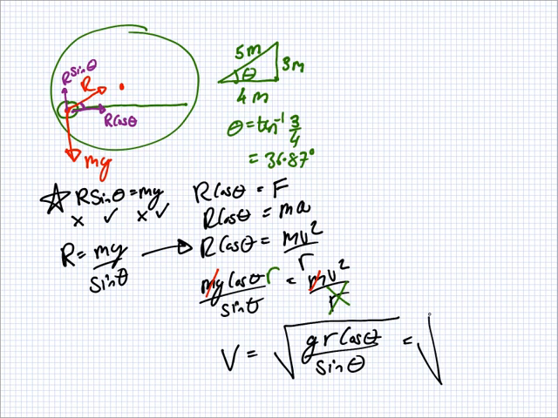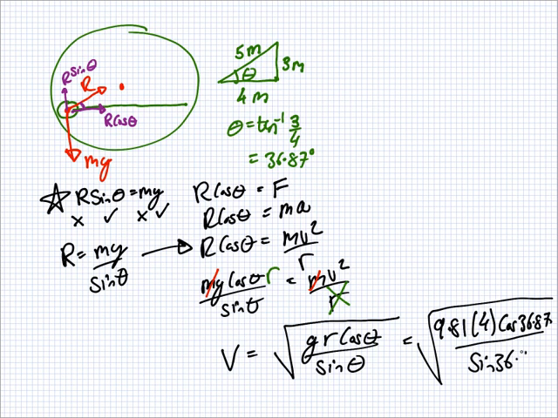So that is 9.81. What's the r here? What's the radius? Is it 3, 4 or 5? 4, very good. Cos 36.87 over sine 36.87.